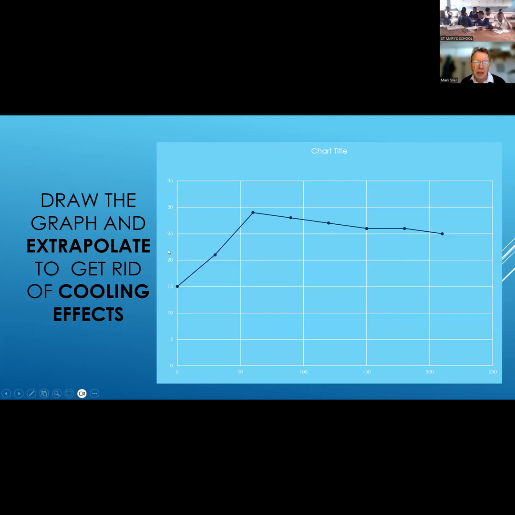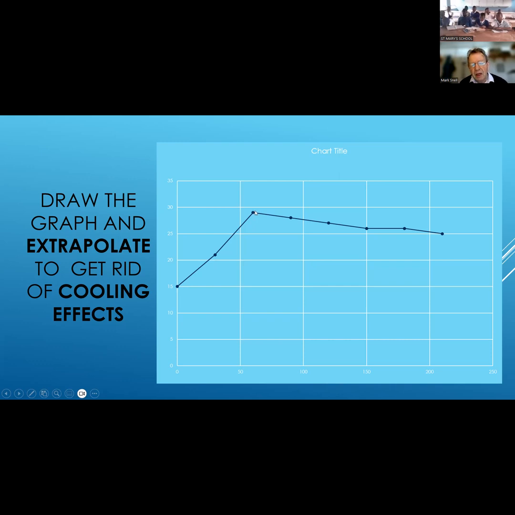Now, if I was drawing this graph properly, I would draw it as a smooth line, but I've drawn it with straight lines here because it shows me something simple. So the temperature starts at 15 and goes up to 29. So it looks like the maximum temperature should be 14 degrees Celsius.